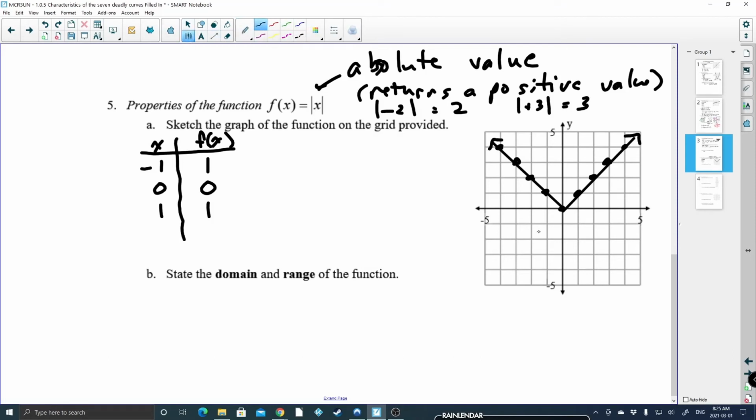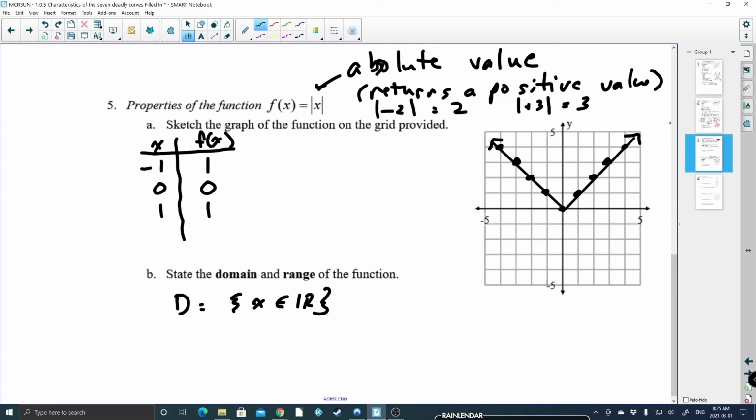It does continue forever. So that is the absolute value graph. And the domain for the absolute value graph, you'll probably recognize, is very similar to a parabola's domain, because even though it's not a parabola, it does basically cover the same 2 quadrants. So x is an element of the real number system because the graph exists anywhere along the x-axis.